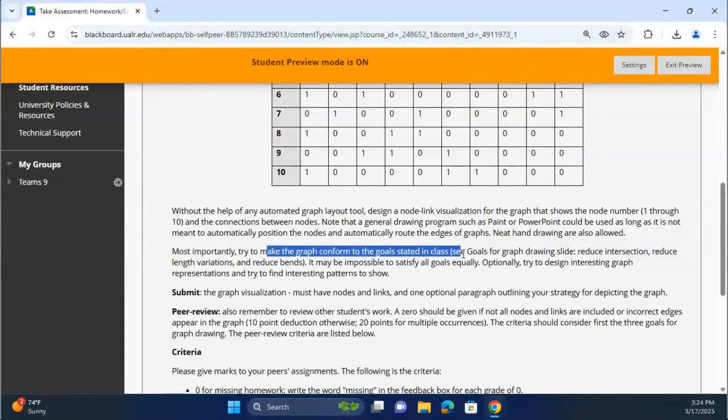There are some graphs that are not planar, and you cannot draw them without intersection. This one is a new one. I just made it this semester, so I have no idea if it's planar or not, but we'll see what results we're getting, and then we'll figure it out.